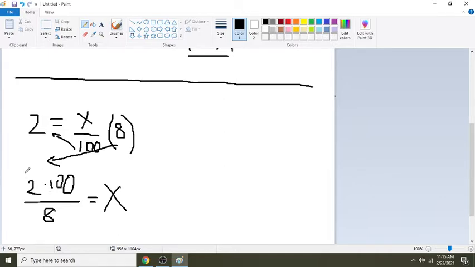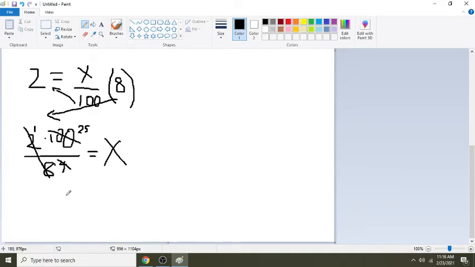So this is 2 over 8. You cancel this one, this becomes 1. 2 divided by 2 is 1. 8 divided by 2 is 4. 100 divided by 4 is 25, which brings you with the answer, which is 25%.